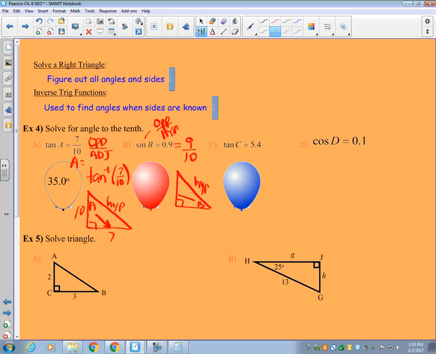So the opposite of B is here. I just made this into a fraction. So 0.9 is 9/10. So that's like having 9 for your opposite side and 10 for your hypotenuse. Okay, so this goes in. It looks like this mathematically: sine inverse of 0.9 equals angle B.